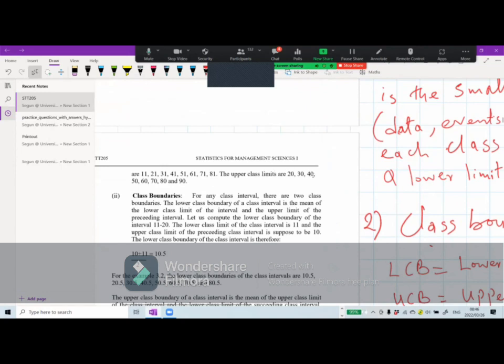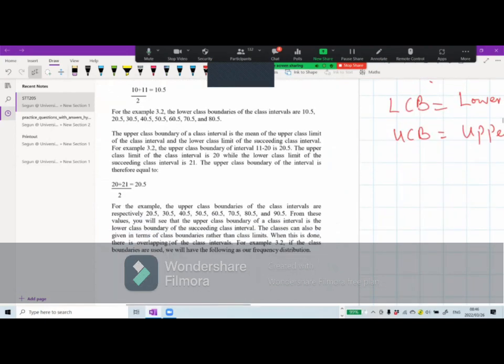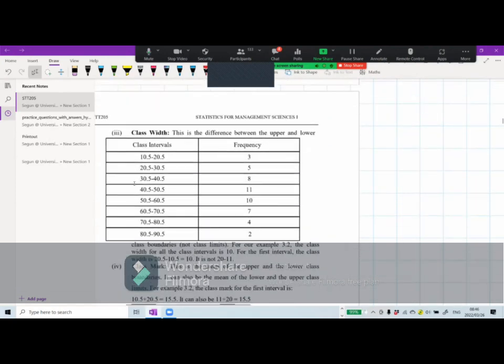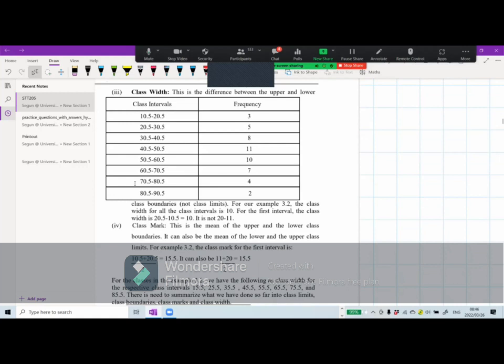They said upper class limits are these, while lower class limits are this. So what they did was add the two together and divide by 2. It's the same thing I did. Then for class limits too, class interval is there, and they did the same thing. I just used the simple one to explain to you. I want you to go to your class material later after the class and see how they do it. It is very simple.